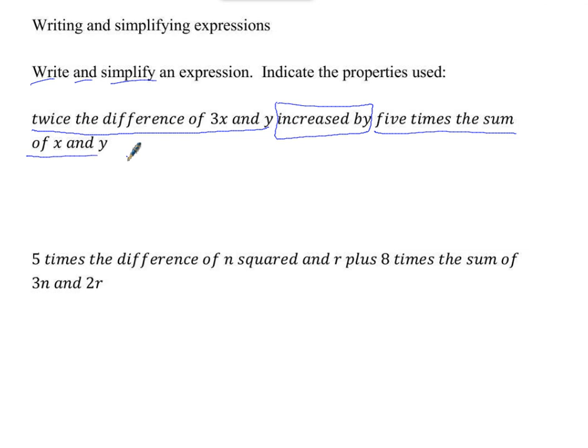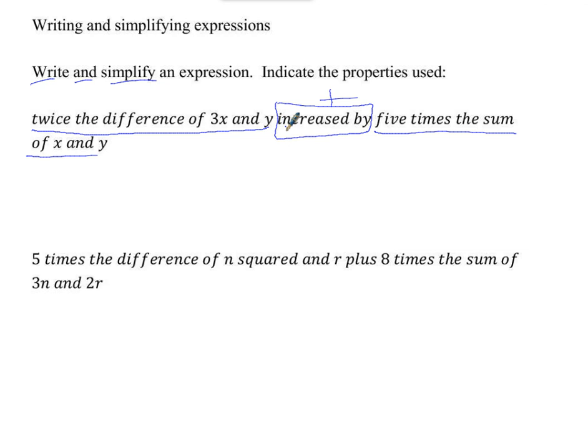The thing that I boxed, increased by, what does that mean? I'm going to put a plus right here so that I see that I'm going to do something here, and then I'm going to have plus, and I'm going to do something here.